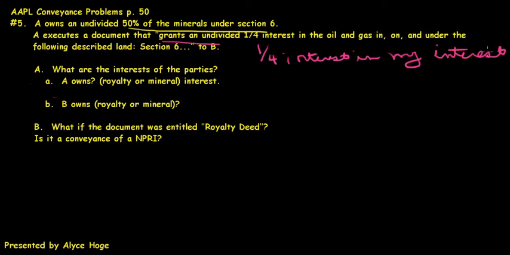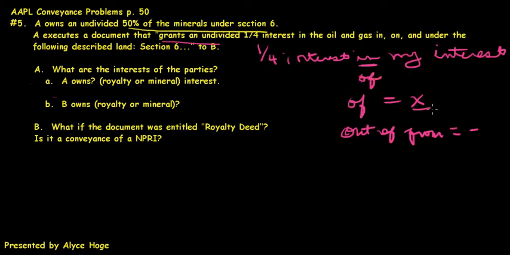Now you remember in the conveyance webinar we talked about if it says of, it means to multiply. If it's out of or from, you subtract. Well, I'm going to add another one here, and that is that it says 1/4 interest in my interest. That is just the same as saying 1/4 interest of my interest. So in that case, we're going to have to multiply.